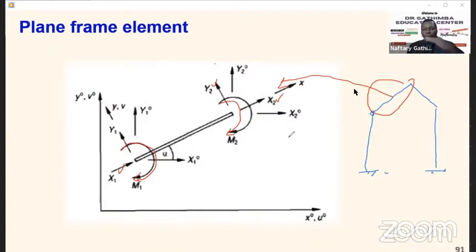When it's inclined in the 2D plane, it became 2. For the beam elements, at the elemental coordinate system, we talked of 2 degrees of freedom, that is rotation and vertical displacement. Now, for the plane frame element, we have the 3rd degree of freedom.